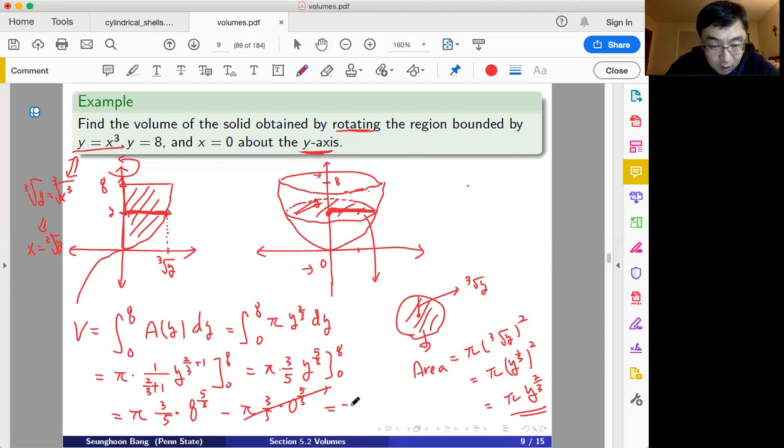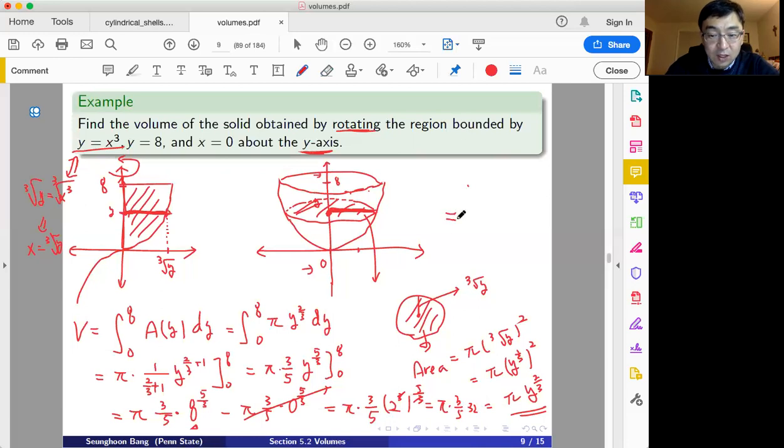We can simplify. Pi times 3 over 5 times 8. 8 is 2 cubed, and 2 cubed to the power 5/3: the 3 is crossed out, leaving only 2 to the 5. Pi times 3 over 5 times 2 to the 5, which is 32. 3 times 32 is 96.